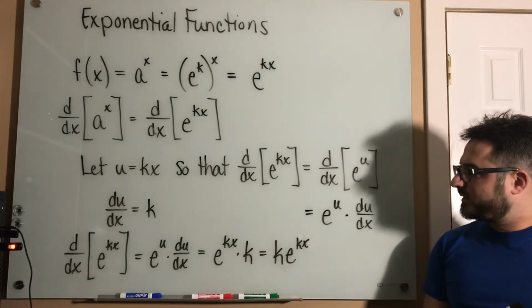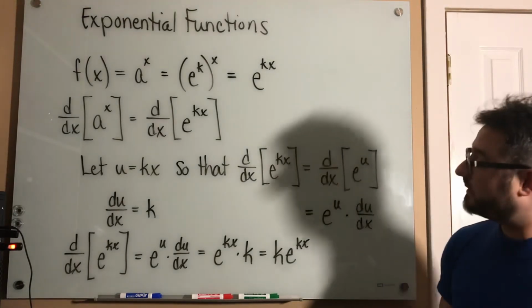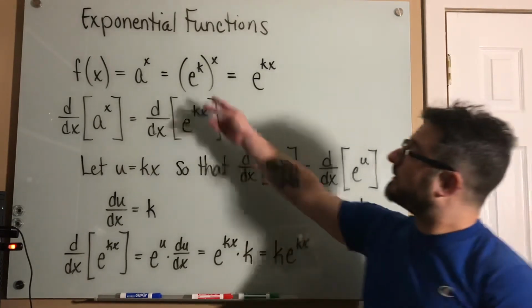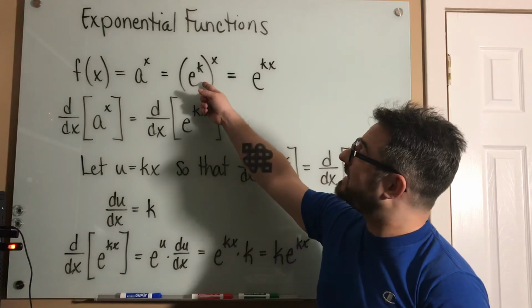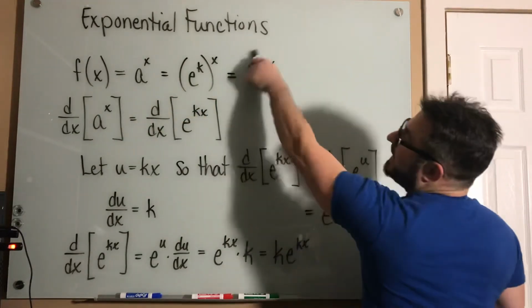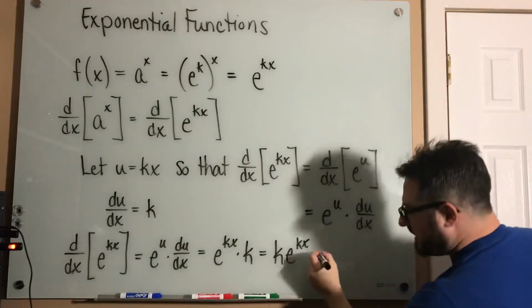And we have k e to the kx. Well, another step here, much like what we saw with the proof of the power rule, we are now going to take this and return it back to its original form. So e to the kx has the equivalent form of a to the x.